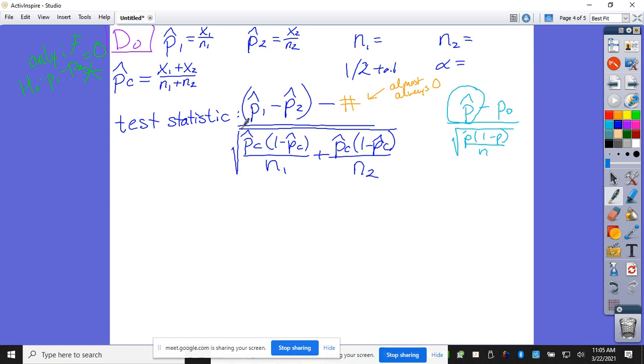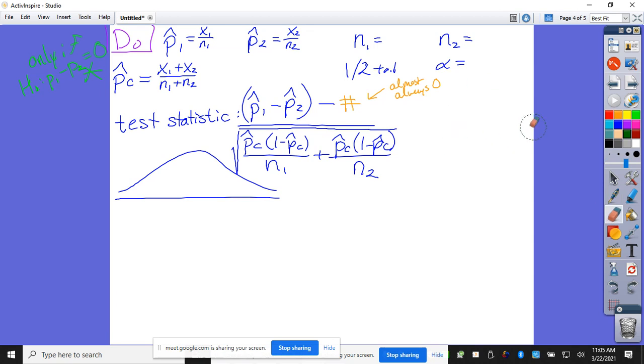And then draw and shade. There's a curve somewhere that you're going to draw and shade. Don't draw this. Don't write this. And then we always end our test by comparing what?